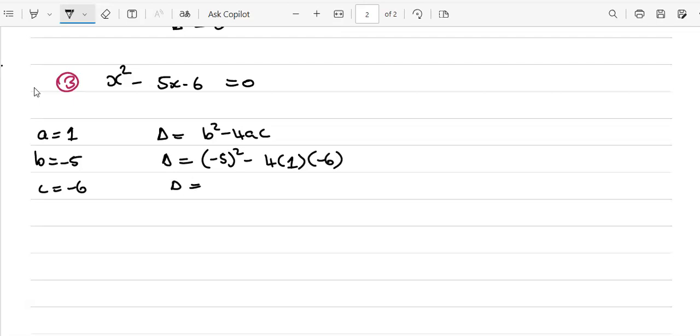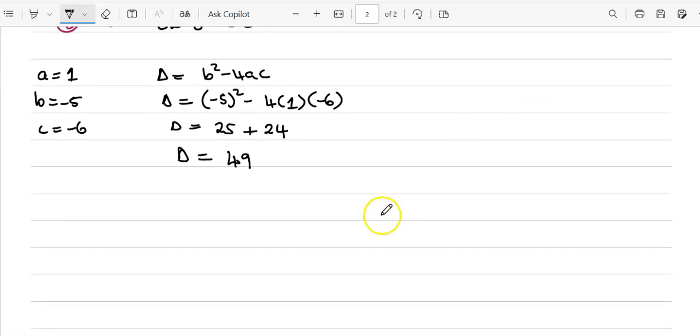So now your delta will be equal to, you can use a calculator, and you'll find that 5 squared is 25. The negative will cancel. This will be 25 plus 24, which will give us delta as 49.